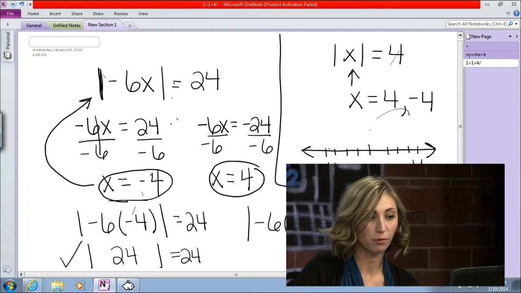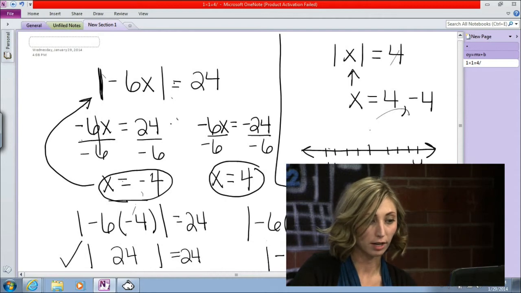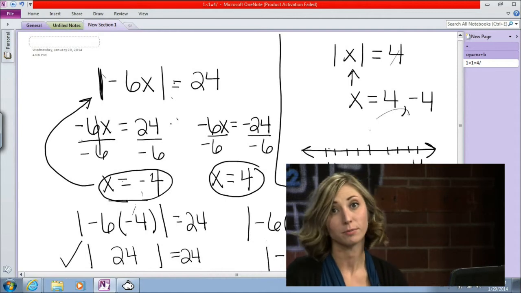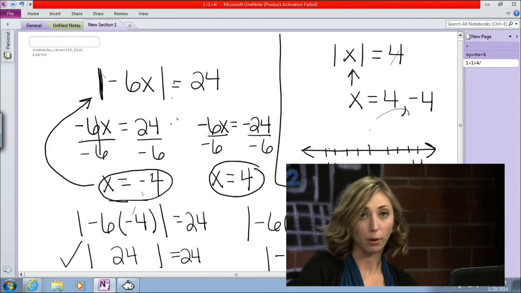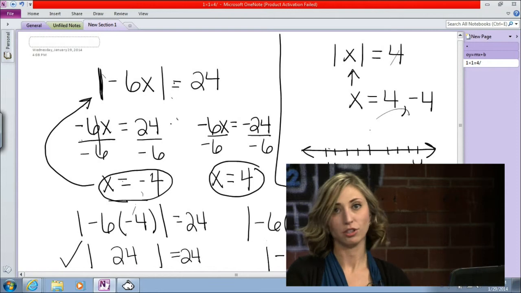We'll simplify what's inside the absolute value. Negative 6 times 4 gives you negative 24. And the absolute value of negative 24 is 24, which is true, because negative 24 is 24 spaces away from 0. And therefore both solutions check out. So equation solved, equations checked out.